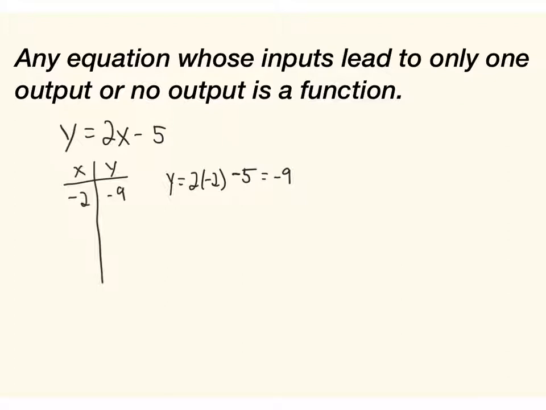Any other answer that we might get from this by calculating this expression would not be a correct value, because the only thing we should get is this would be -4, and -4 minus 5 is -9.